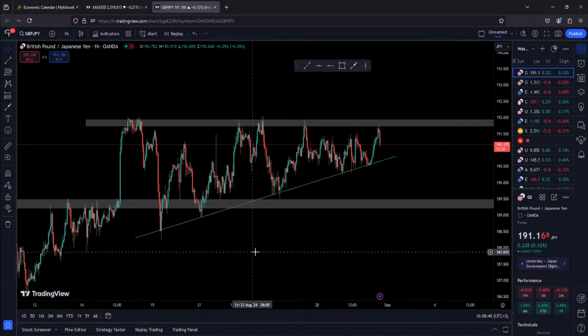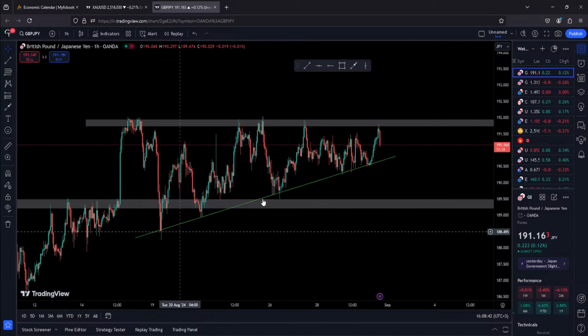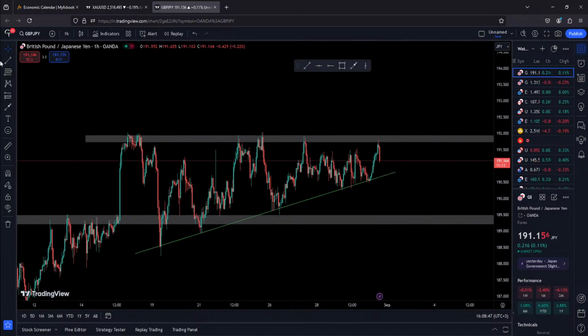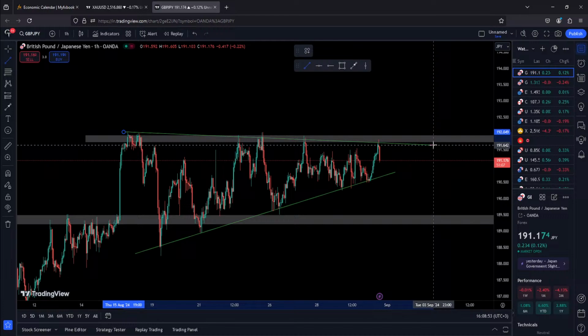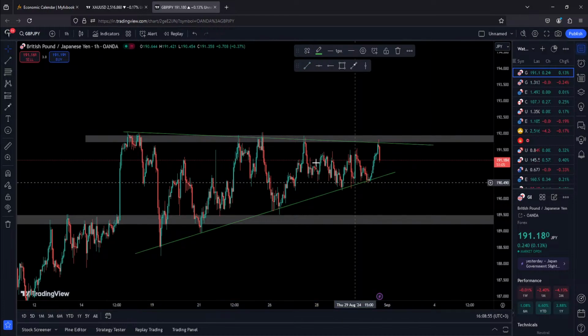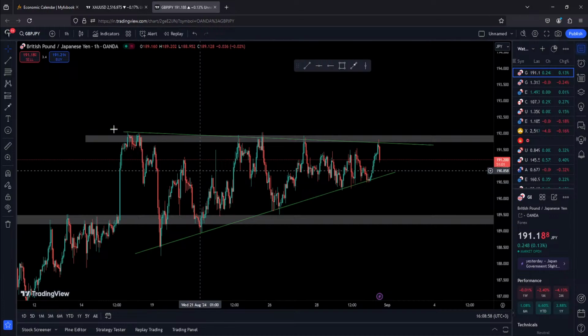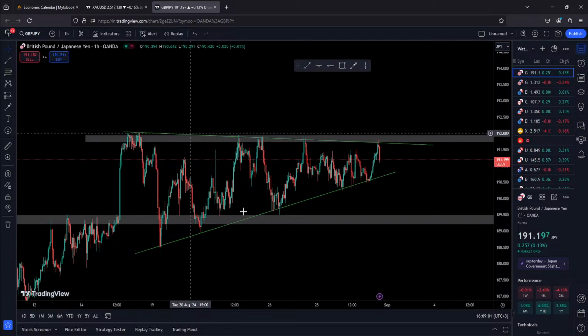So this is one trend line over here, and there is another one. Okay, so look how beautifully the market is actually correlating with the support and resistance, including with the trend lines, right?